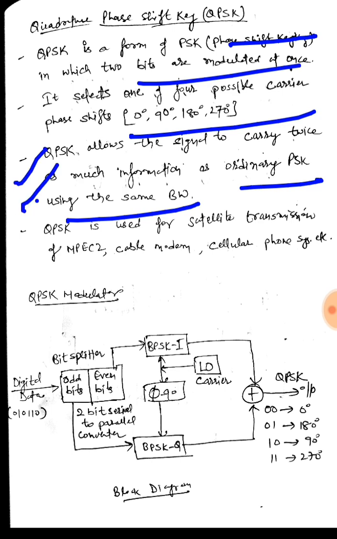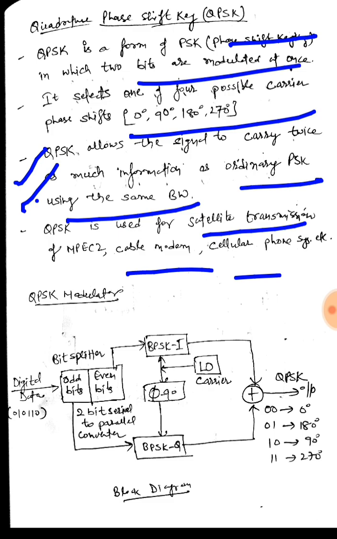In other words, more information can be represented using fewer bits, so bandwidth would be reduced drastically in QPSK. It is used for satellite communication, cable modem and cellular phone systems as well.